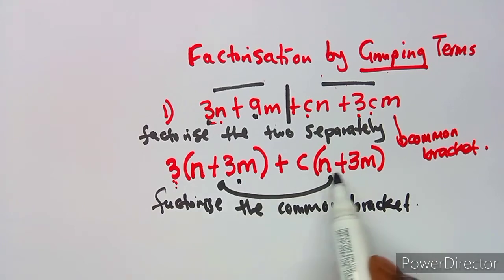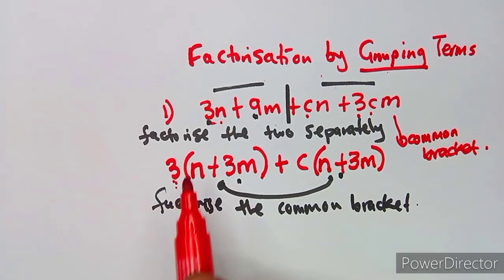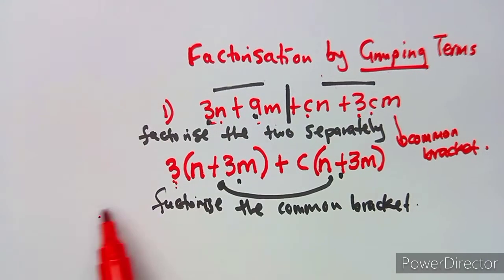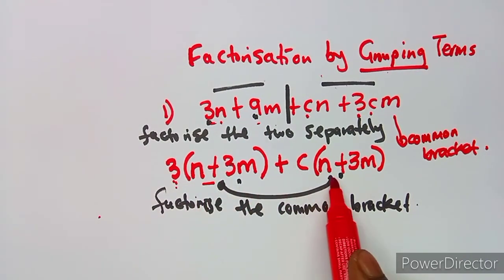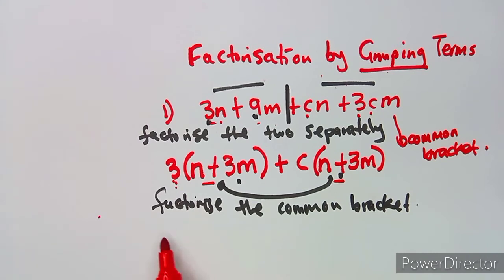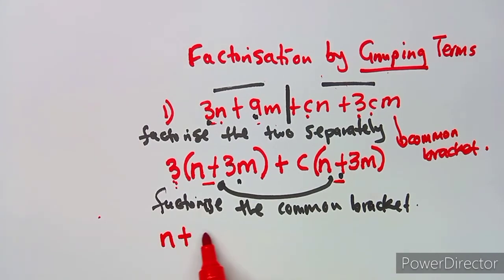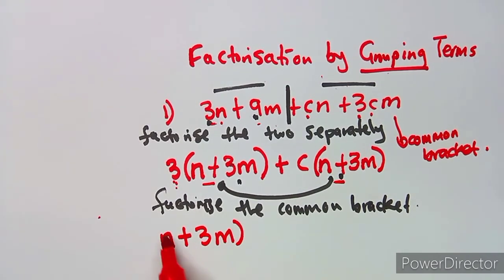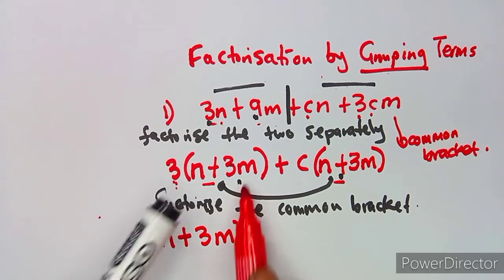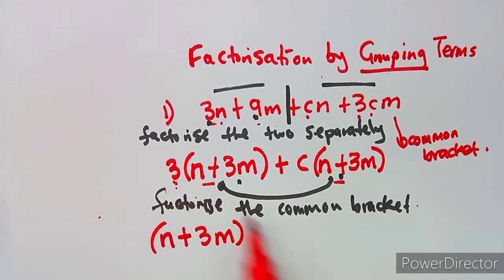So if we factor out this bracket, because to factor out is to take out. Like what we say 3 is common, we take what is common. So this bracket is common, so you factor it out. So if you factor out n plus 3m like this, this is the common bracket. What is going to remain? If we divide this bracket and this bracket, you're going to be left with 3.